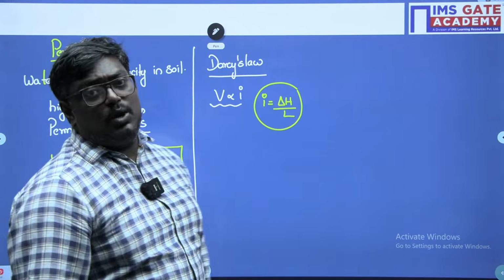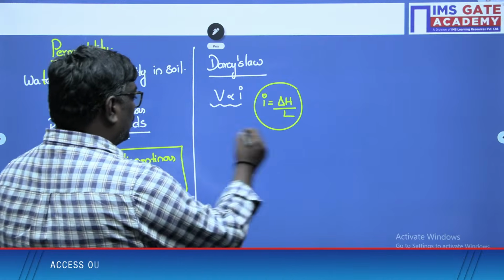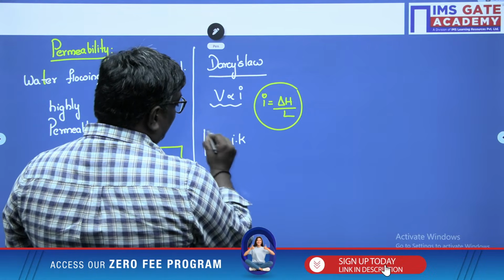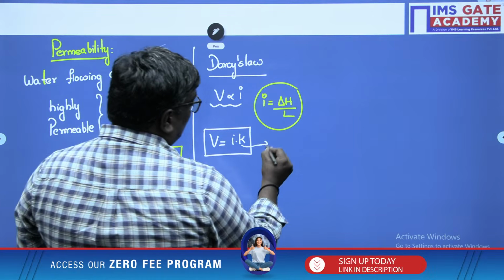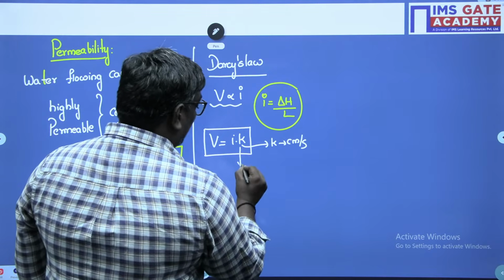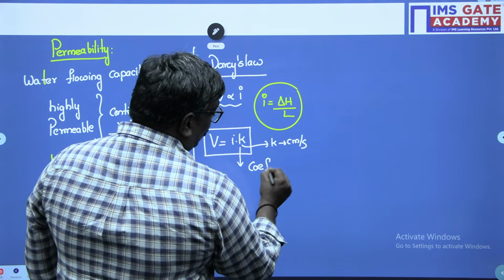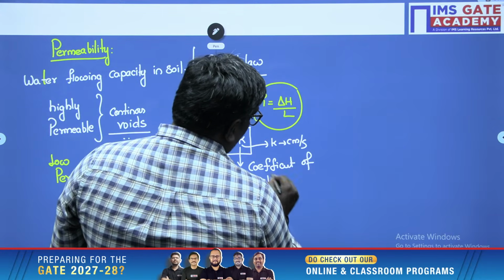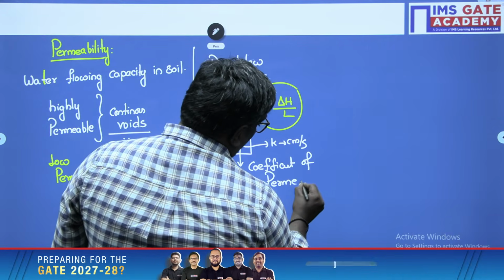Hydraulic gradient is the loss of head per unit length. Darcy's law is applicable only for laminar flow. So V can be written as V = K times i. Hydraulic gradient doesn't have units, so K has the same units as velocity, centimeter per second. K is also known as the coefficient of permeability.